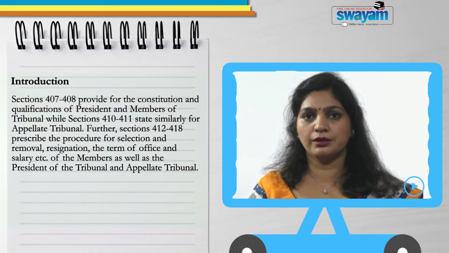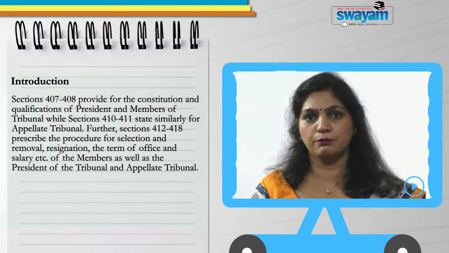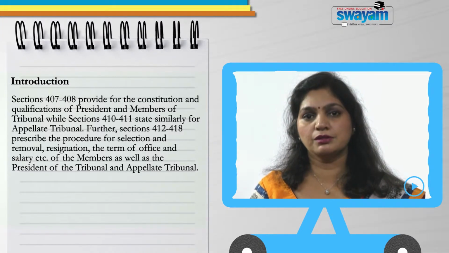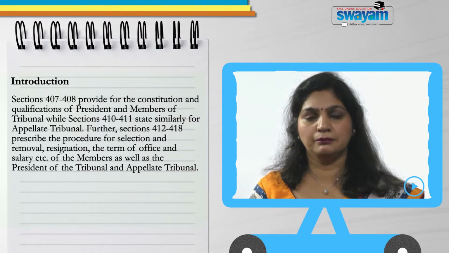Further, sections 412 to 418 would be discussed, that prescribe the procedure for selection and removal, resignation, the term of the office and salary, etc. of the members as well as the president of the tribunal and appellate tribunal.